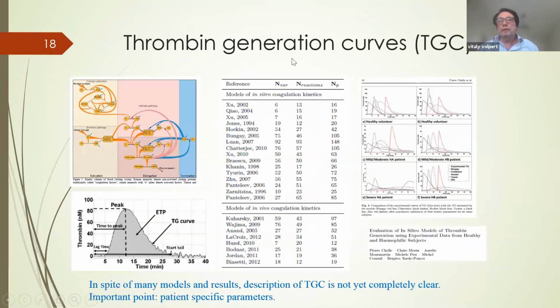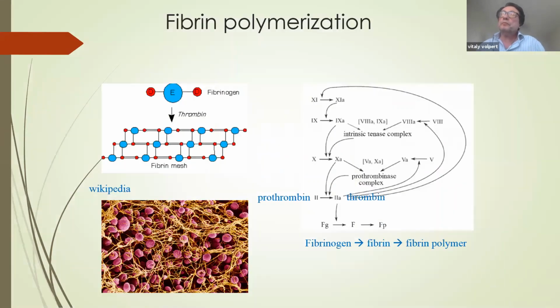Usually they start with ODE models to describe concentrations of different molecules, in particular thrombin. It's a molecule, also called a blood factor or enzyme, which plays an important role in this process.